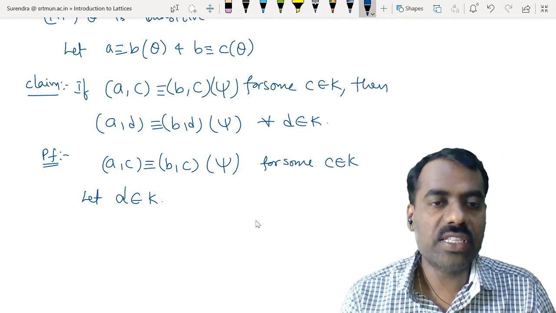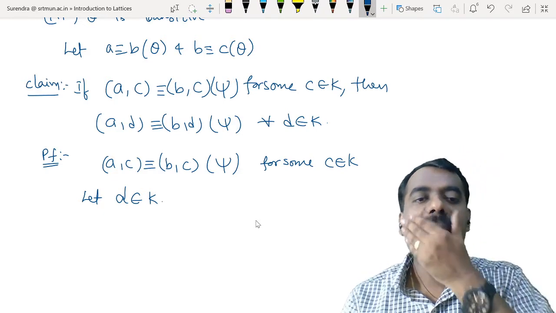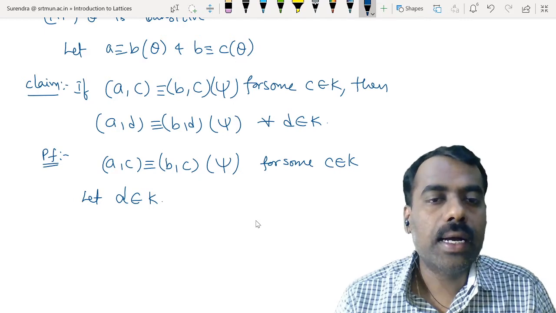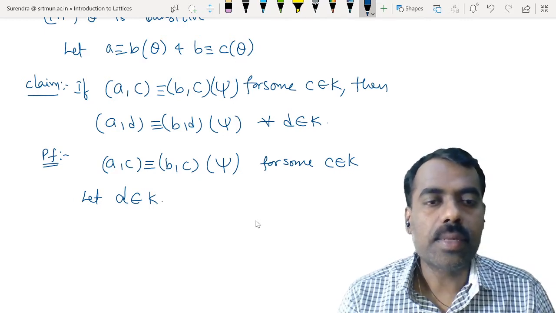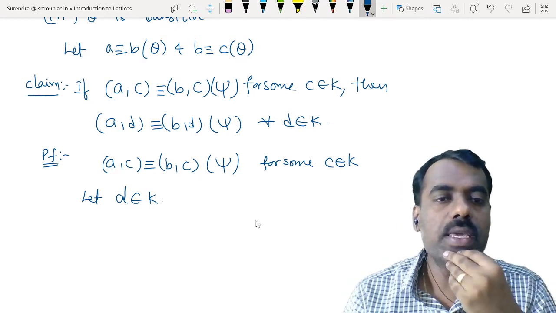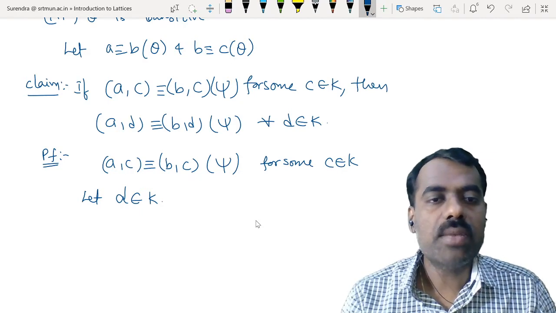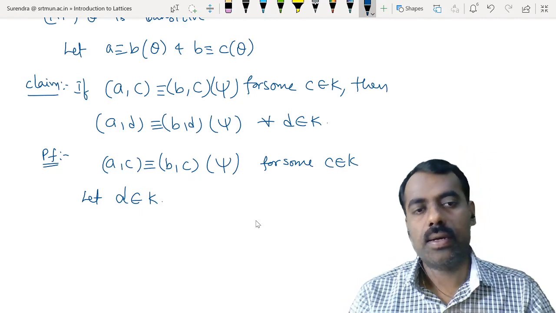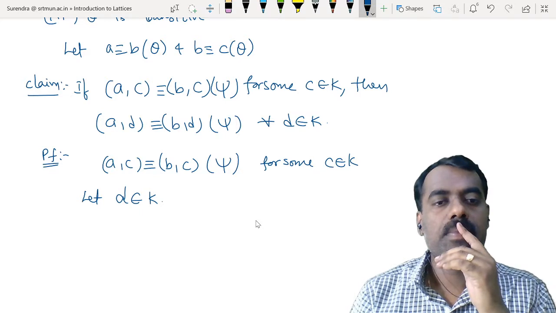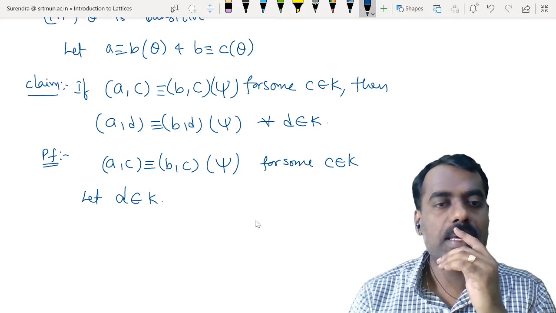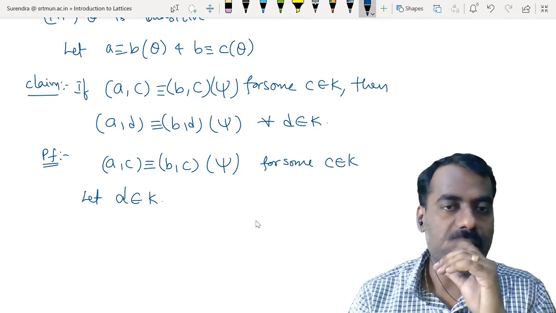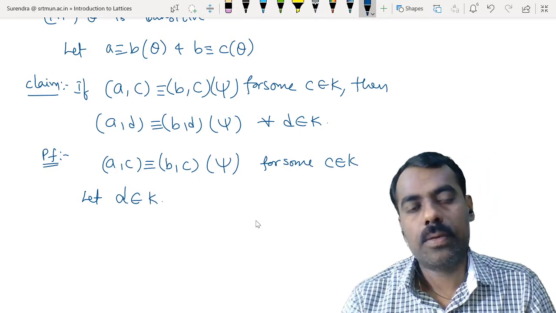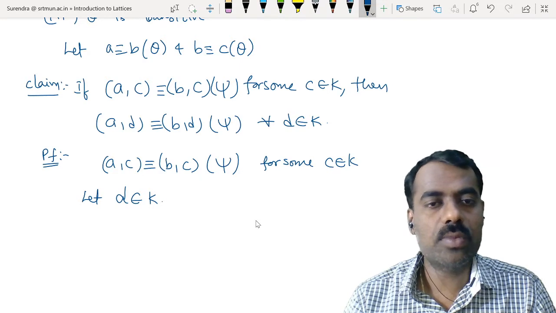So for this, first we will try to take A join B, and we want to get somewhere here with D, C meet D. So we want to select some suitable element.